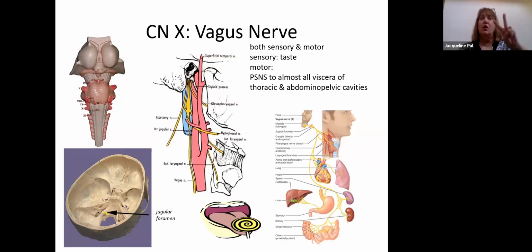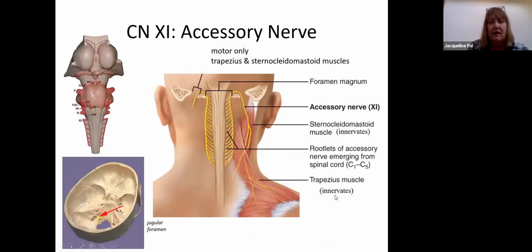Okay. Two cranial nerves left. So the next one is the accessory nerve. And this one is quite unique. If you look at the picture, you can see the huge foramen magnum, the big hole at the base of the skull.